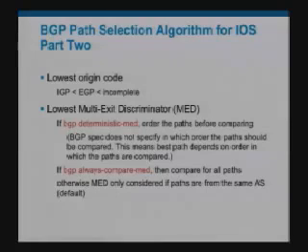So there's actually a knob, certainly in IOS, and will be in other implementations too, which says compare the MED regardless of the neighboring AS. Okay, so some people want to be able to do that. So if you've got this knob enabled, then it will compare MEDs even if the paths are from different ASs.